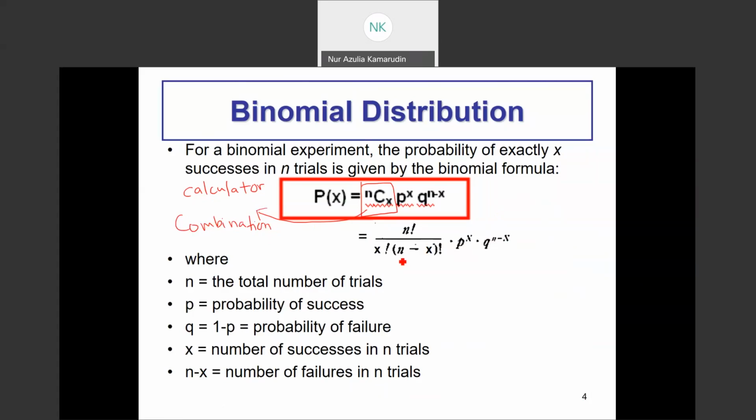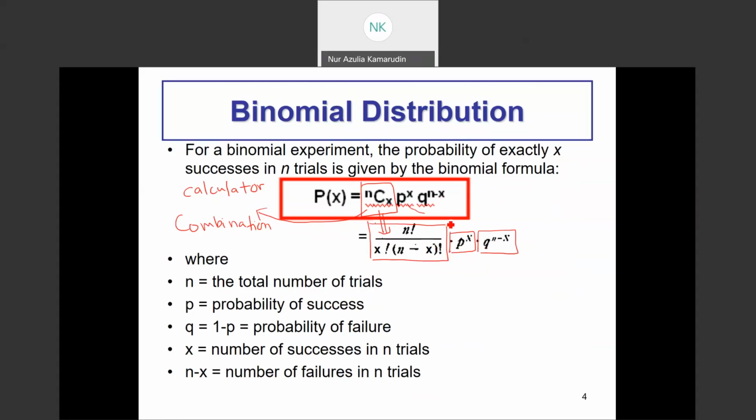And of course, you can also find it using this formula here. nCx is also n factorial divided by x factorial, and in brackets, n minus x factorial. Then you have p to the power of x, and q to the power of n minus x.